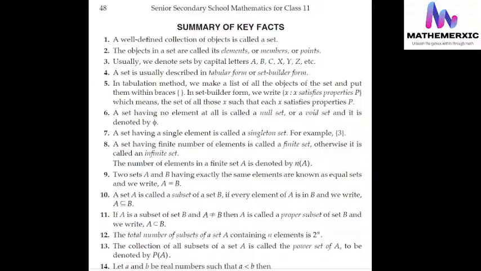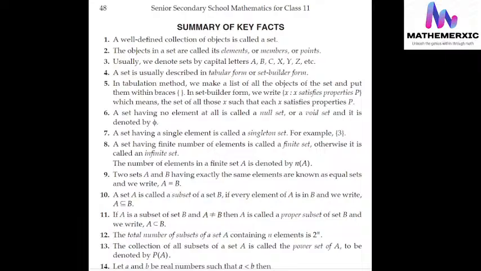A set having a single element is called a singleton set. For example, {3}. A set having finite number of elements is called a finite set, otherwise it is called an infinite set.